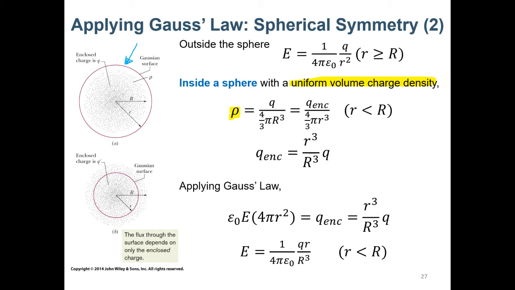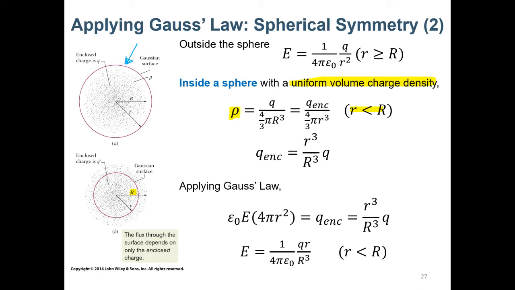Suppose we have a Gaussian surface with radius small r, which is smaller than or equal to capital R, the radius of the sphere.